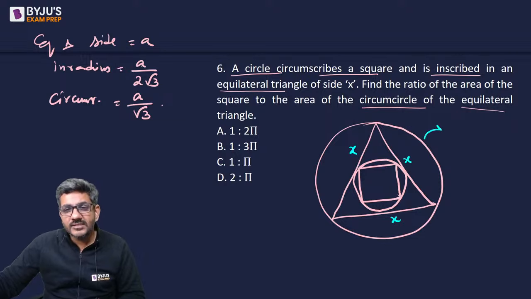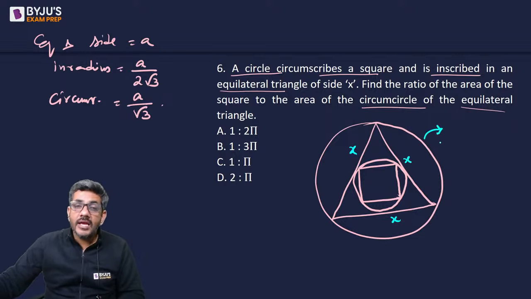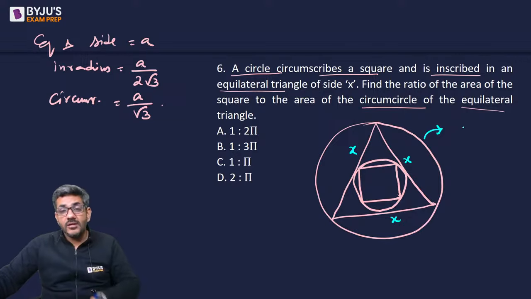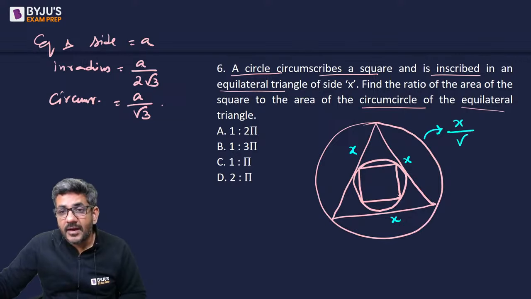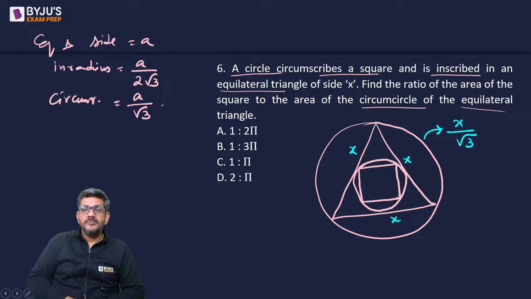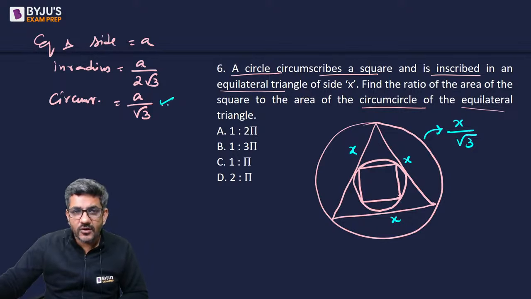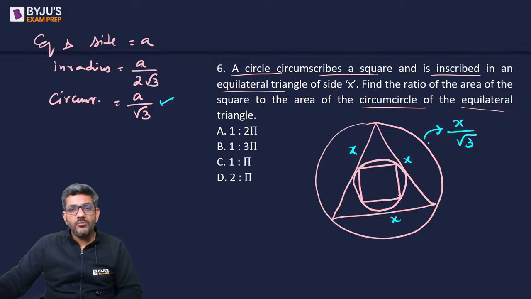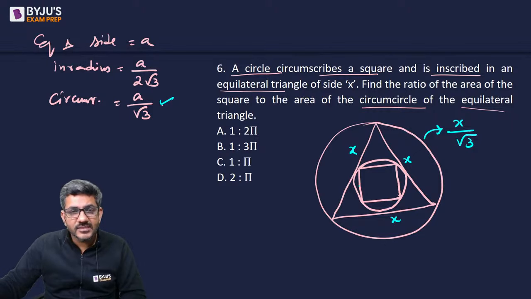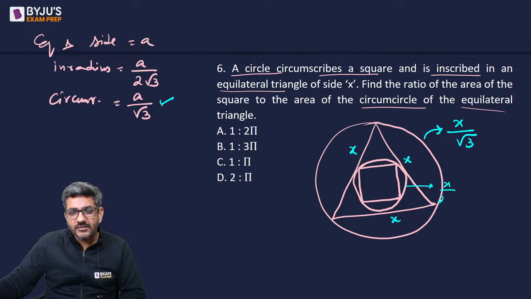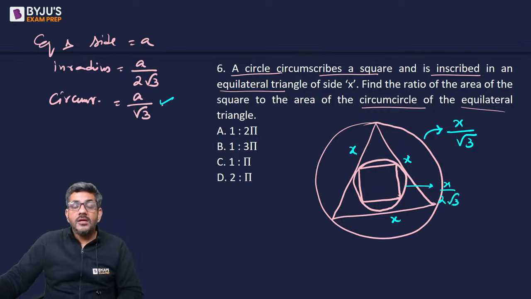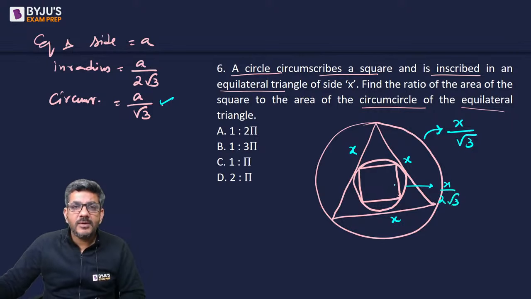So can I say this circle will have a radius of x divided by root 3, because it is the circumcircle. Just going by this formula, it is x divided by root 3, that is the radius of this bigger circle. And the radius of this smaller circle is equal to x divided by 2 root 3.